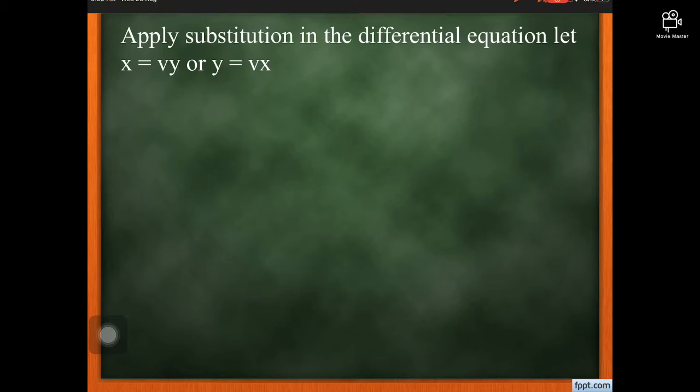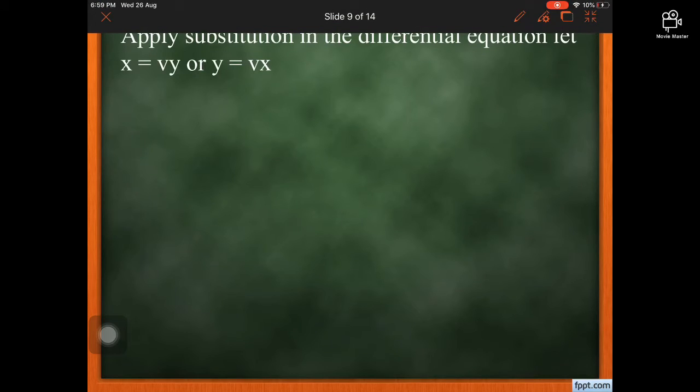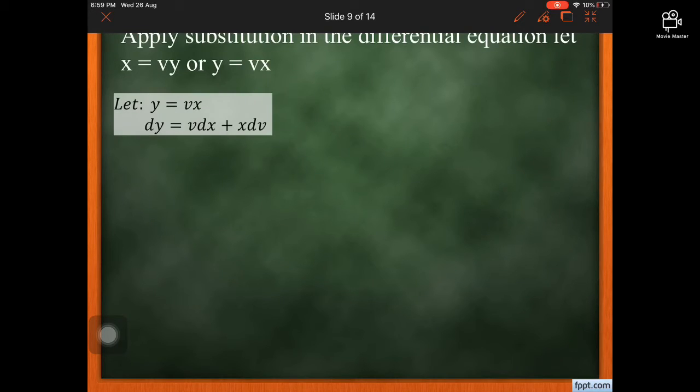So now we can apply substitution in the differential equation, which is the first step of the homogeneous differential equation. We need to choose whether to substitute x equal to vy or y equal to vx. In my case, I chose y equal to vx, and deriving it, we have dy equal to v dx plus x dv.